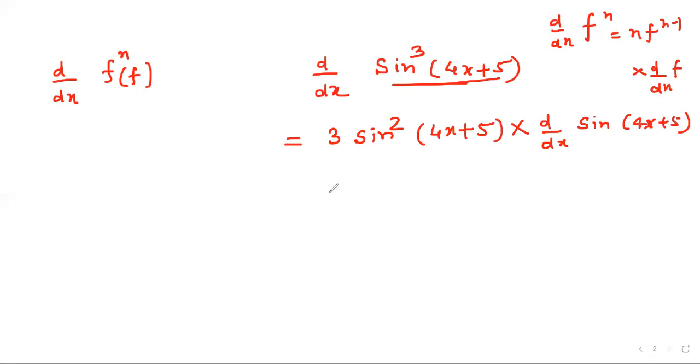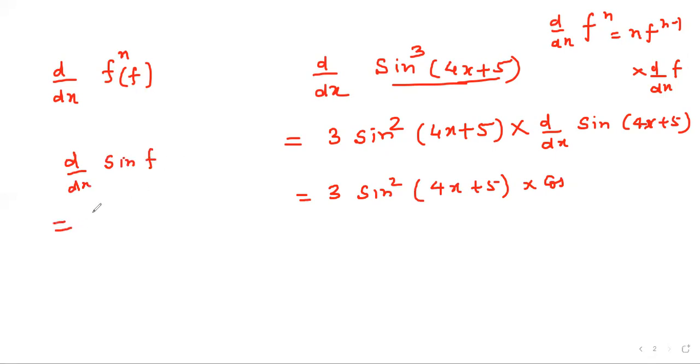Now sine will become cos. So 3 sine square 4x plus 5, and this will become cos, as we know, d upon dx of sine of a function will become cos function into d upon dx of the function. We can also write it in the form of block rule that I am going to tell you.